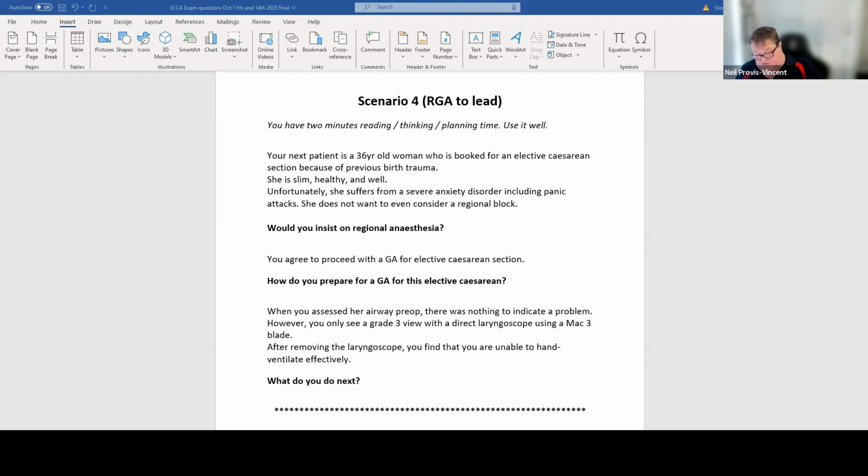How do you prepare a GA for the elective caesarean? So part of my preparation would have started, hopefully at pre-admission clinic, but we may not be. I would do a standard preoperative assessment and an airway assessment of her, knowing that being pregnant in itself is already a potential difficult airway.